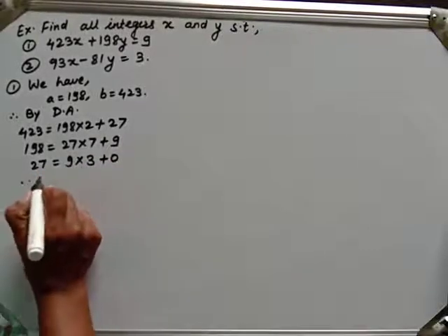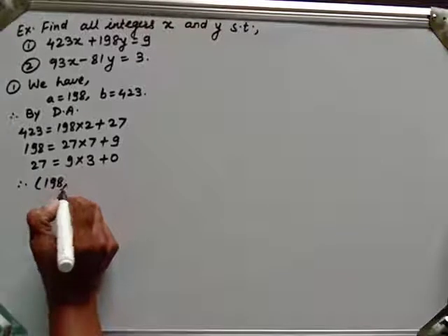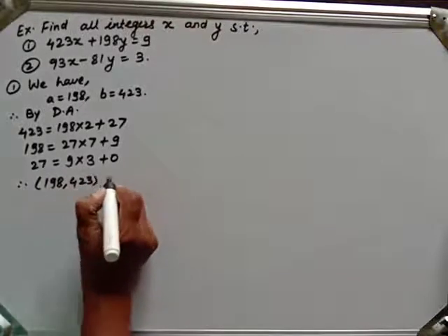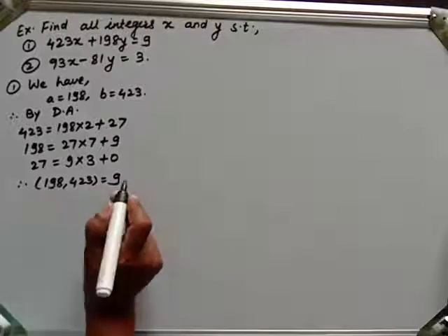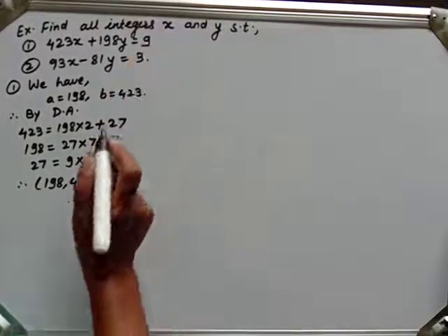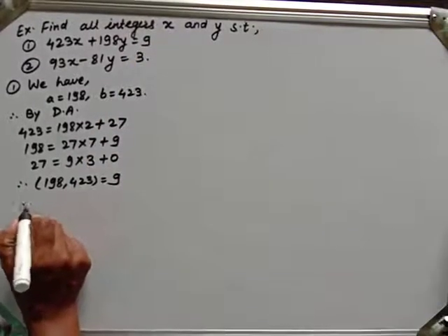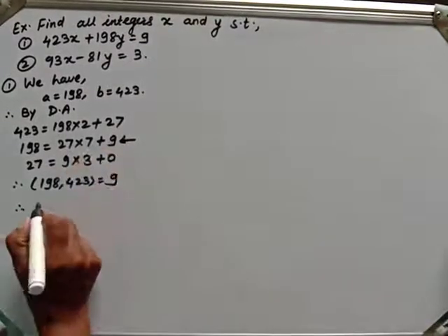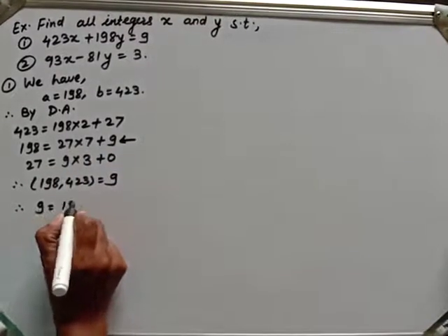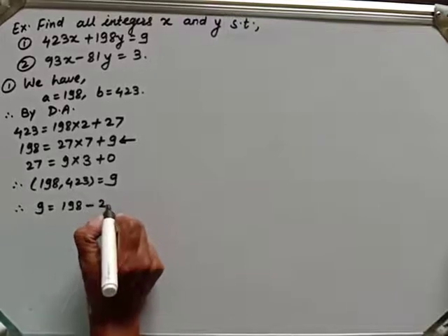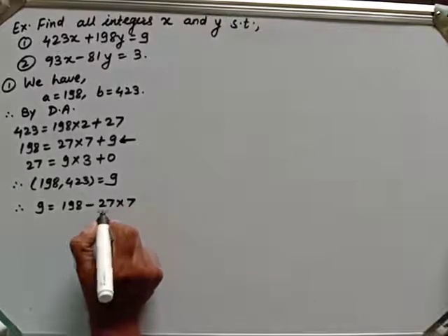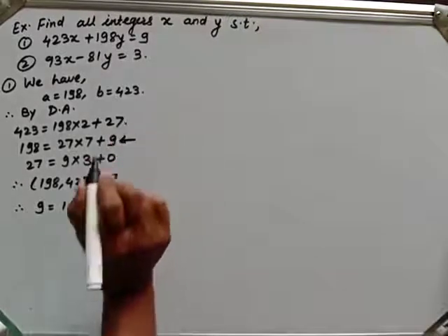Therefore we get the GCD of 198 and 423 is equal to 9. So now express 9 as a linear combination of them. We start from this equation. So 9 can be written as 198 minus 27 multiplied by 7. Now let me substitute 27 from this equation.